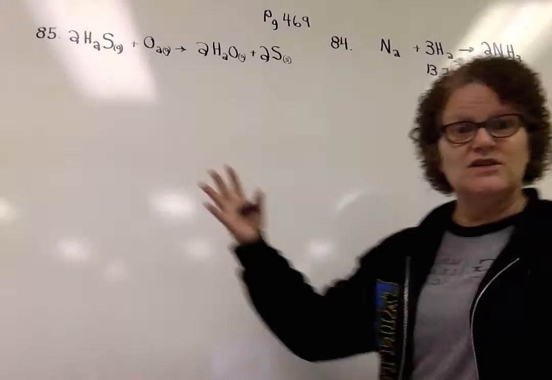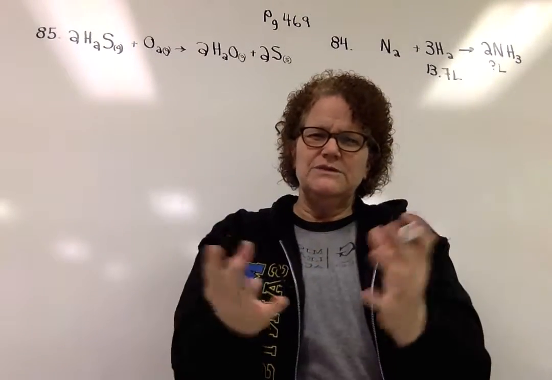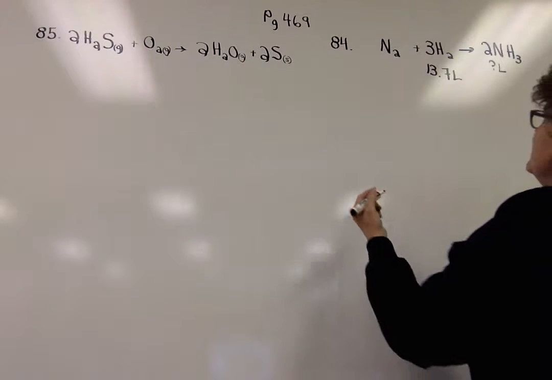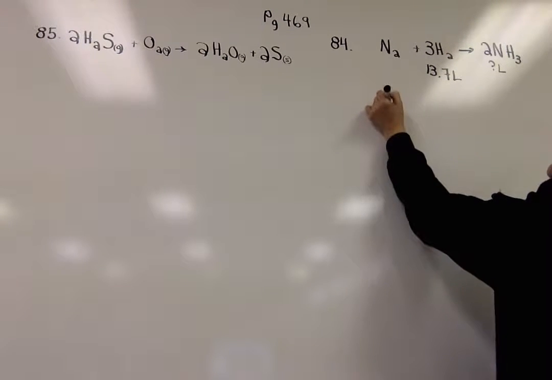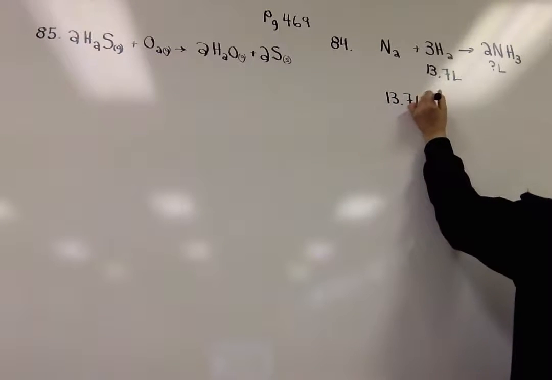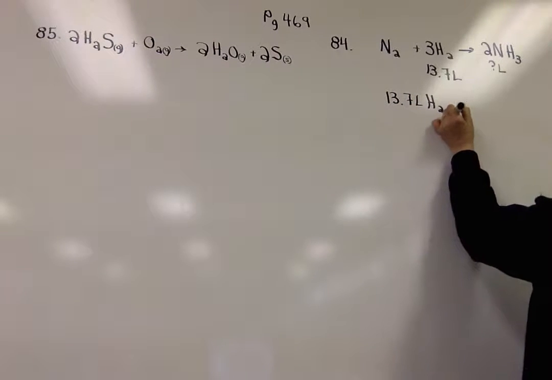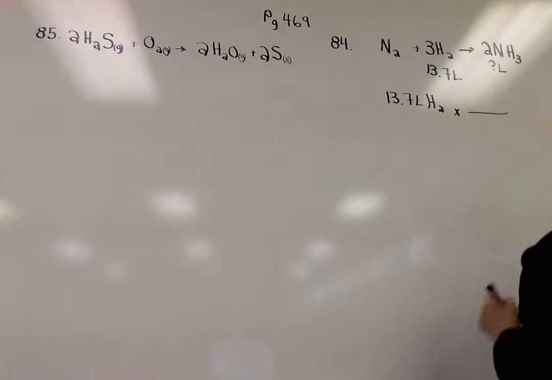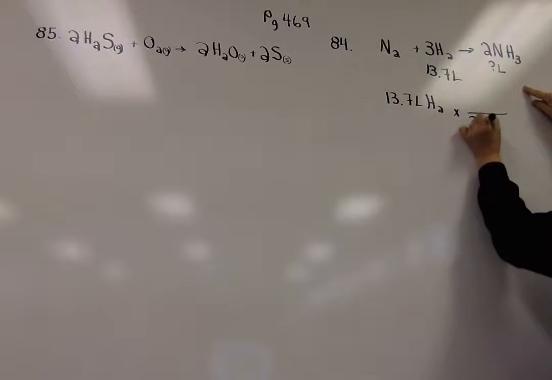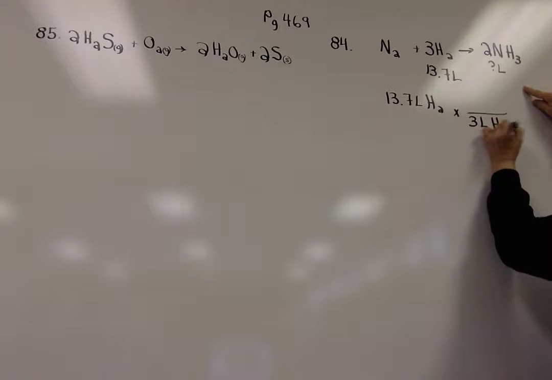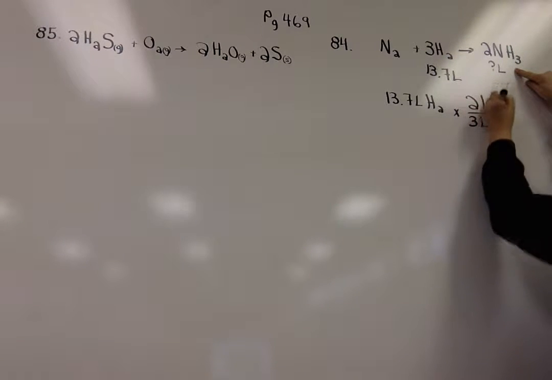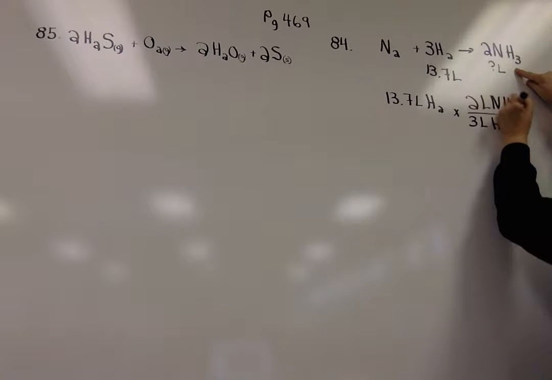Because we know that when those reactants come together, the pressure and the temperature is going to equalize and will be the same. So this will be 13.7 liters of H2. And then we're going to write the balanced equation ratio. So 3 liters of hydrogen over 2 liters of NH3.